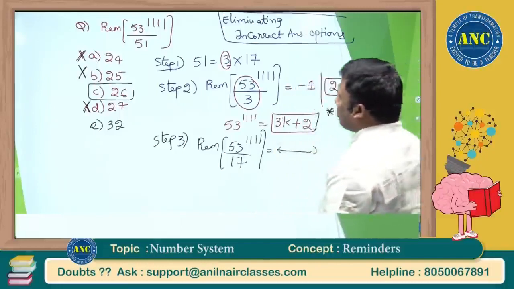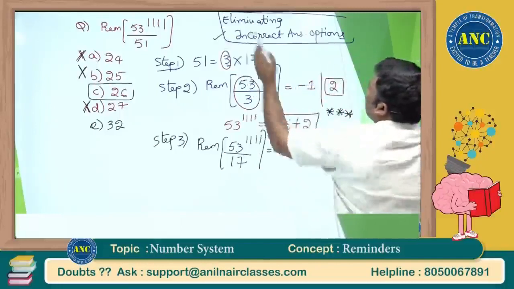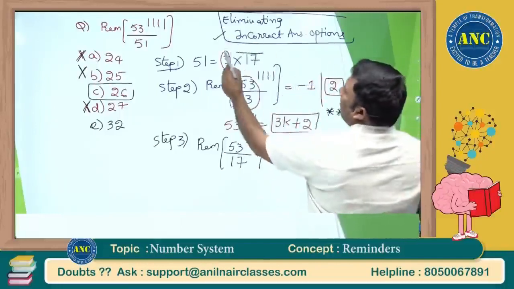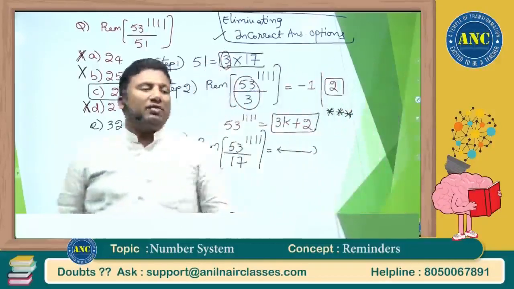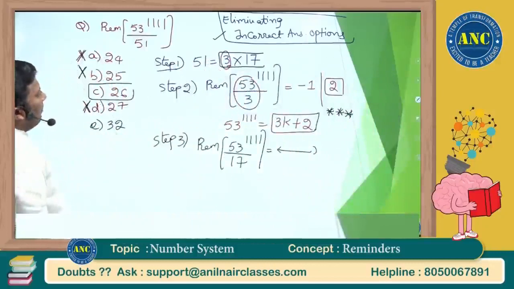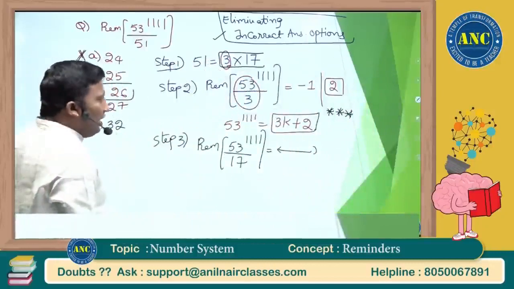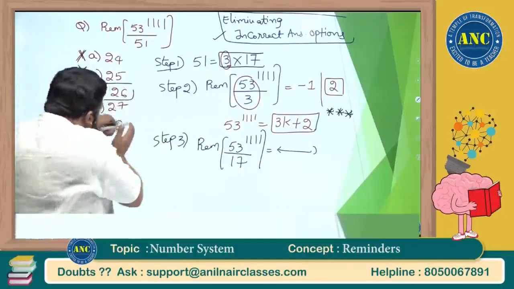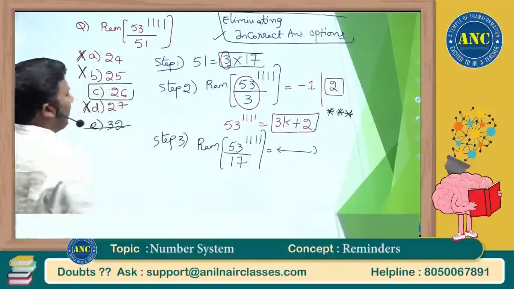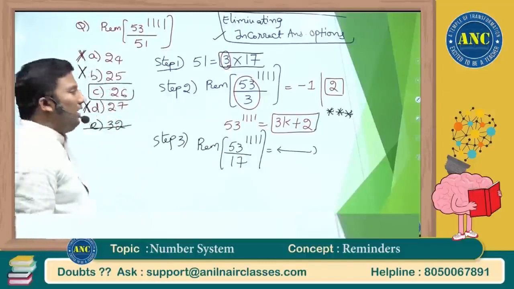First question, how did we eliminate answer options? First I wrote the number as a product of co-prime numbers, 3 into 17. So 5 to the power 1111 divided by 3 gives a remainder 2. If there is no option other than 26, all the others can be eliminated.